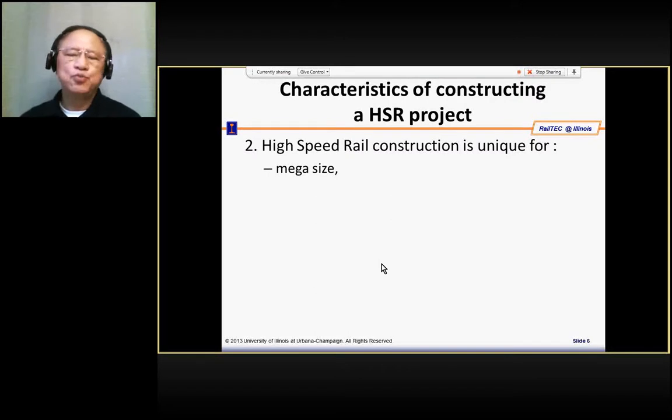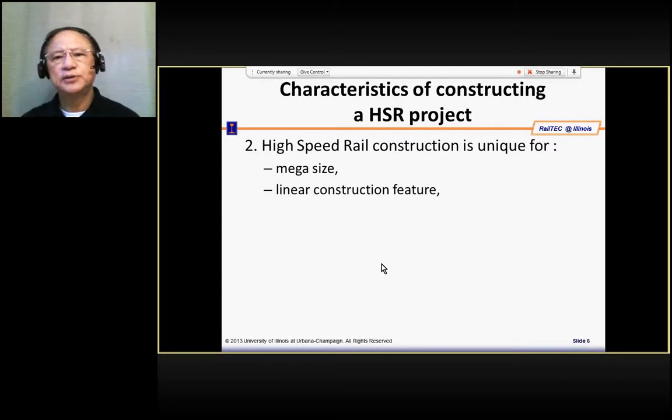So usually it will be 100 miles to 300 miles, or let's say about 200 kilometers to 500 kilometers in size. Its cost will be somewhere around $10 billion to $100 billion. So it's a mega project. It involves a lot of investment, a lot of work, a lot of disciplines in this project.